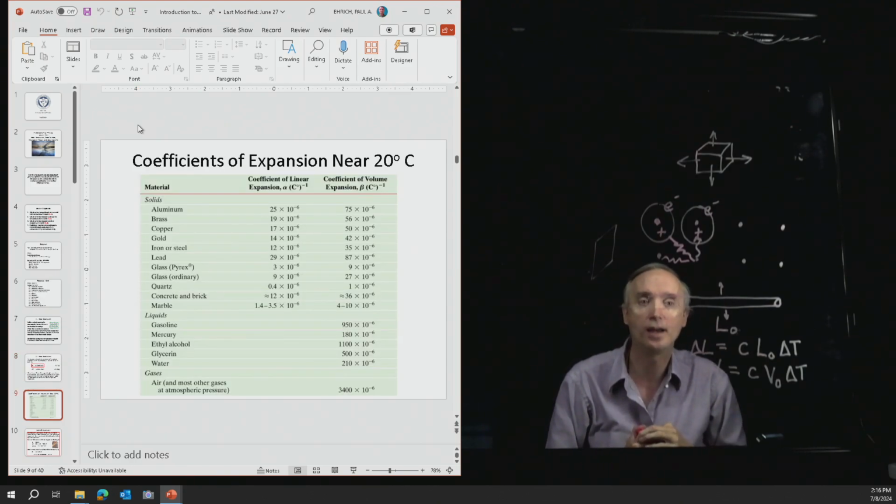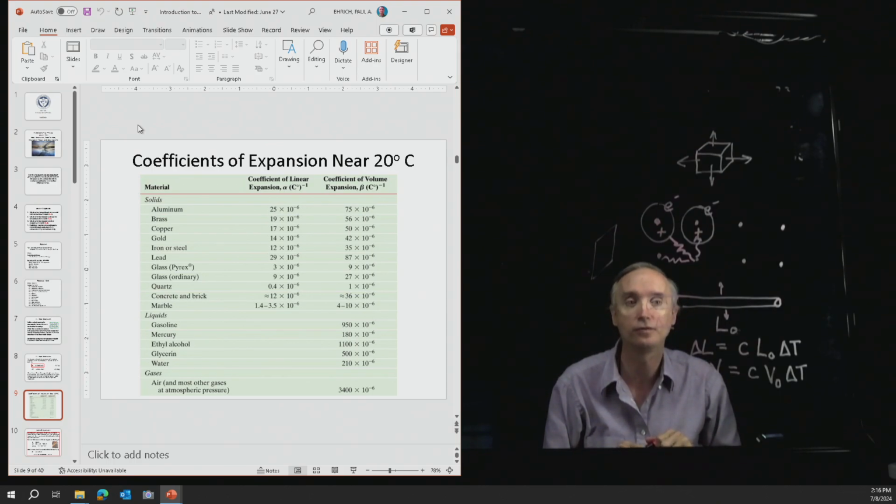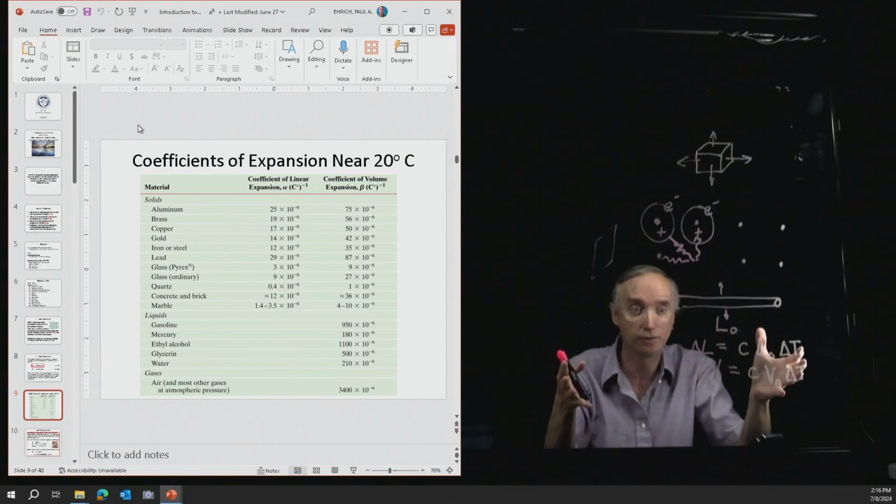So here we have a table of different kinds of coefficients of expansion. We've got the coefficient of linear expansion, and then the coefficient of volume expansion. And notice that the numbers are much, much bigger when you talk about gases. When you heat up a gas, that gas is really going to expand.